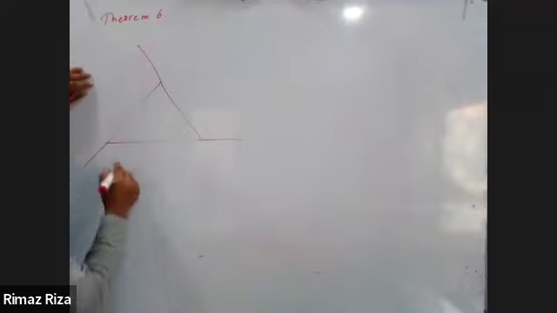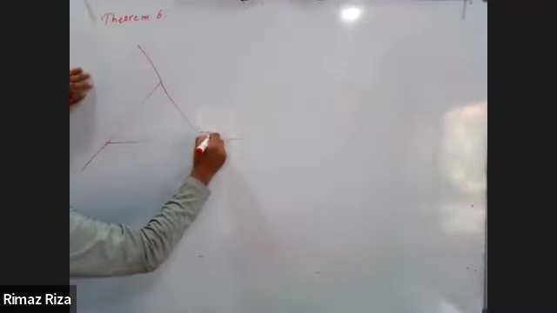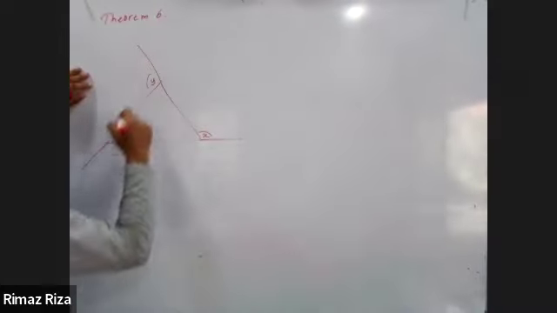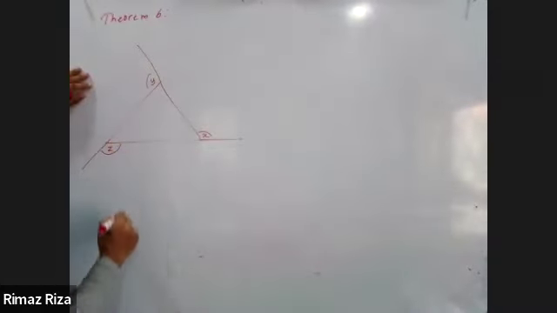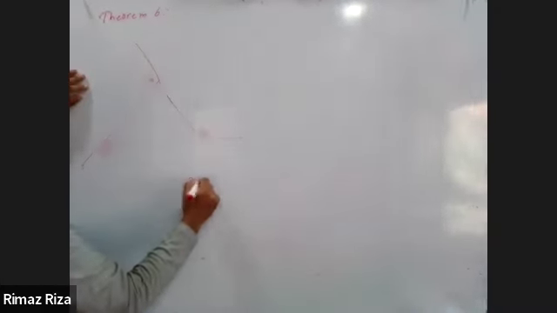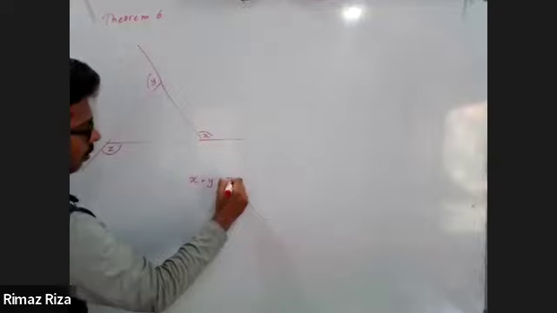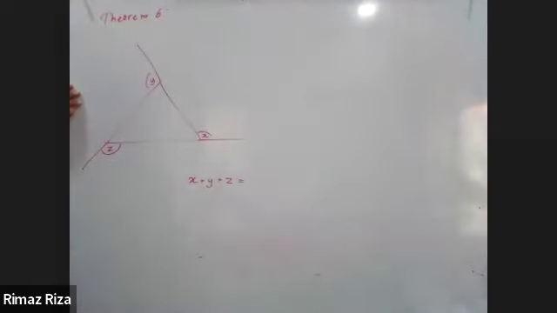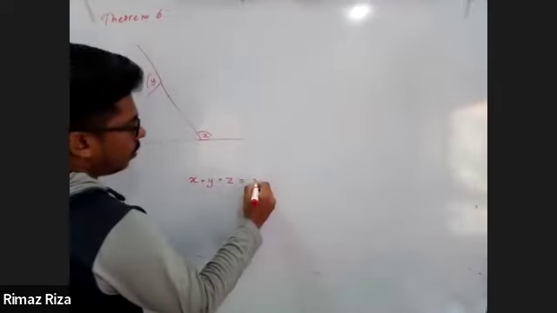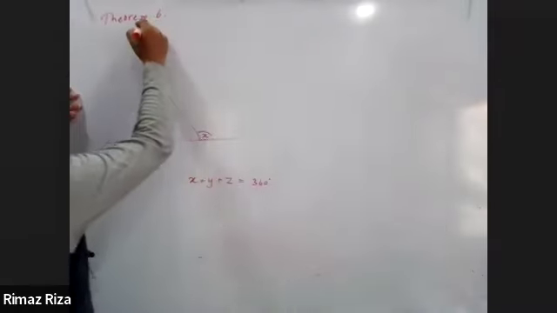So let's say this angle is x, this angle is y, and this angle is z. So here x plus y plus z is equal to what? 360. Good.